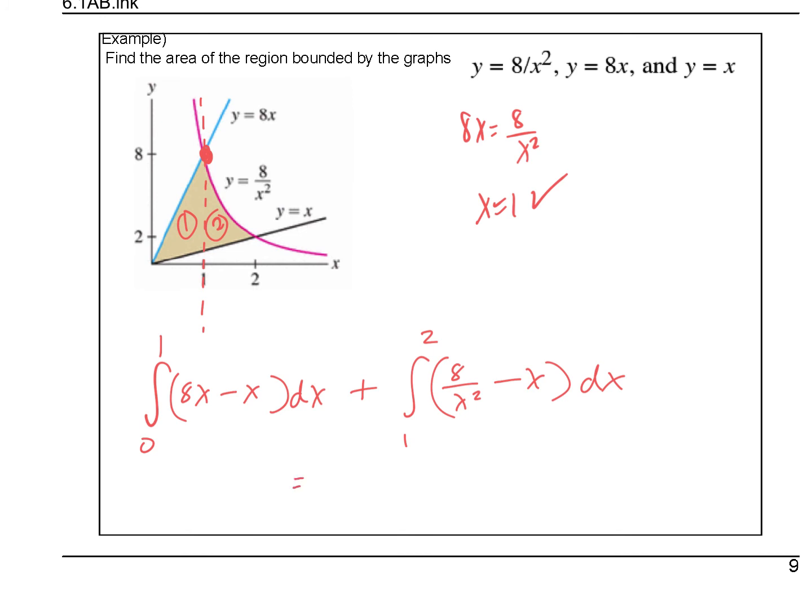Don't have an answer for this one, so when you get it, let me know. 6.